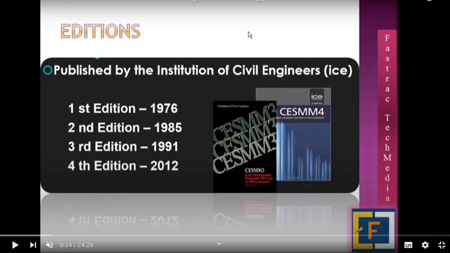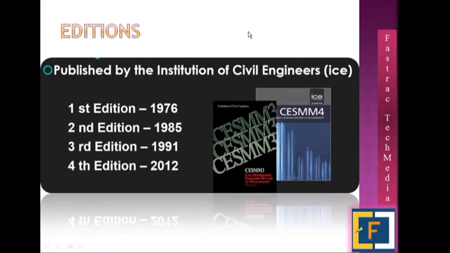That is a specialty. And if you study this method of measurement, you are one of the internationally approved civil engineers who can measure a work in civil engineering. That is a specialty of CESM.